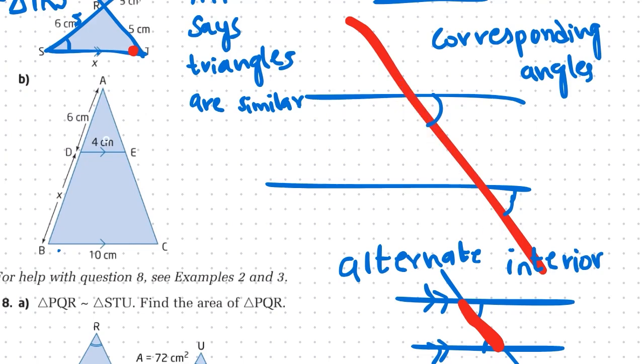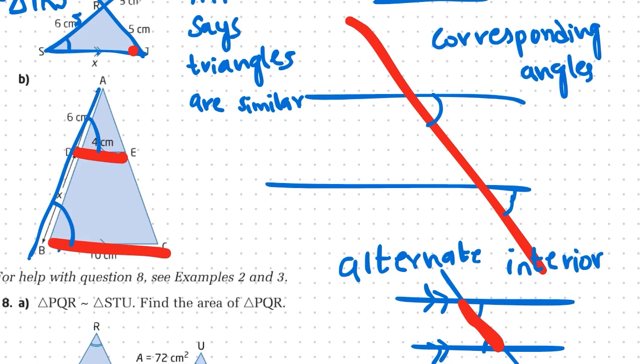First observe the parallel lines here and here. What are the lines that are crossing these parallel lines? This and this. Let's focus on one of them individually. Corresponding angles means that on this parallel line and on this parallel line, the angles will be equal.